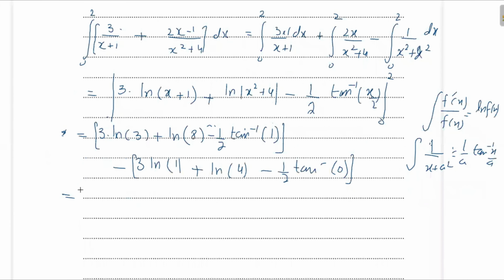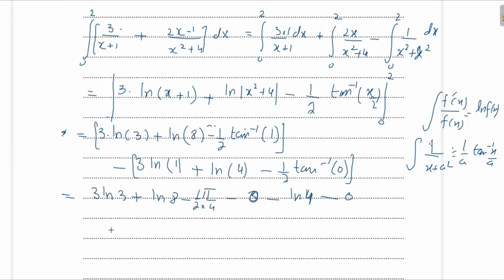Now you see here, 3 ln 3 is written as it is, plus ln 8, minus tan inverse 1 is pi over 4, so 1 over 2 into pi over 4, and minus 3 ln 1 is 0, ln 4, minus tan inverse 0 is 0.